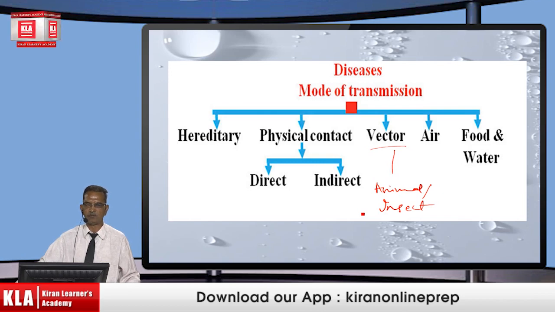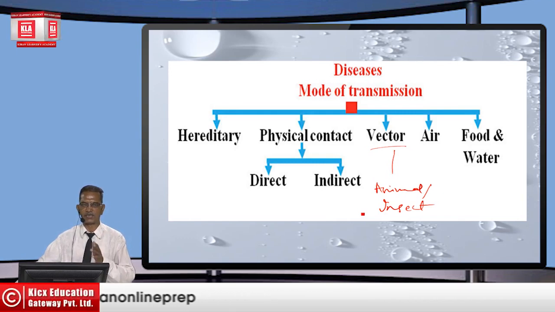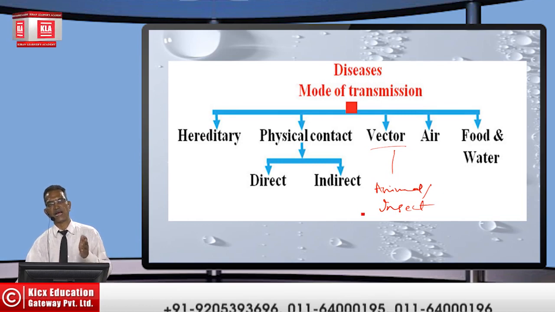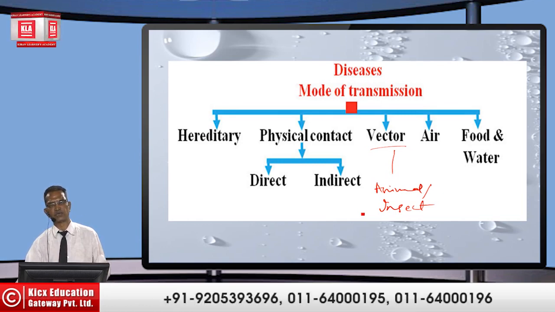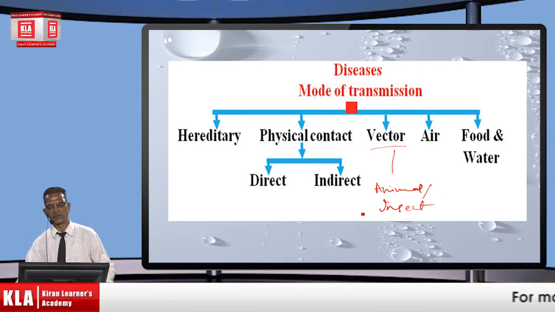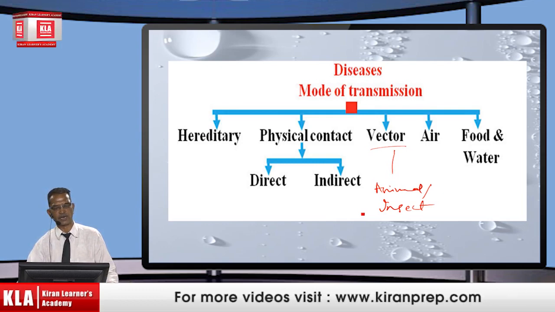So basically, based on the mode of transmission, that is, how the disease has got transmitted from an infected person to a healthy person, the diseases have been categorized in these 5 categories: hereditary, physical contact, direct or indirect, vector, air, and then water or food.